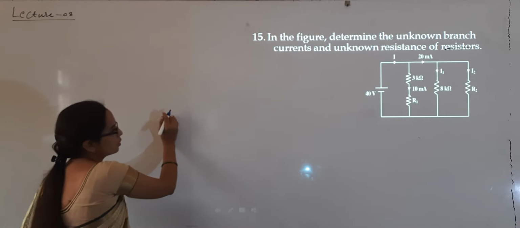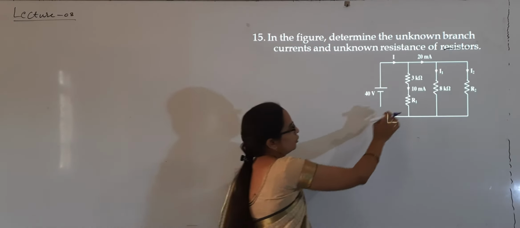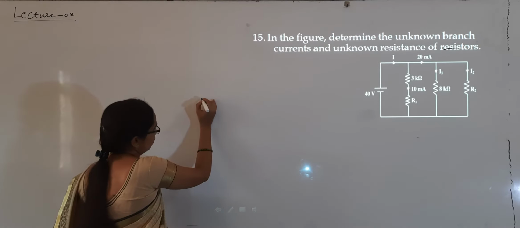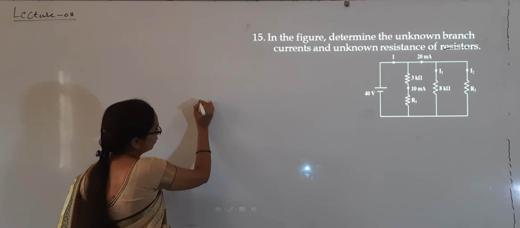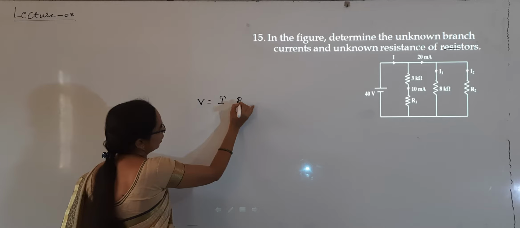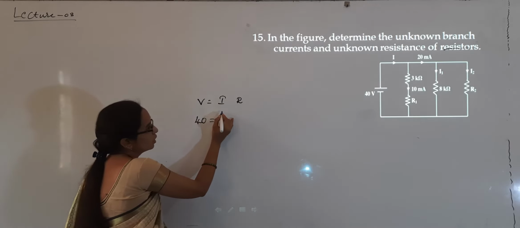The voltage across this is 40 volts, and 10 milliamperes of current is flowing here. Then what will be the value of resistance we have to find out. You can write V is equal to I into R, that is Ohm's law. V is 40 we know.